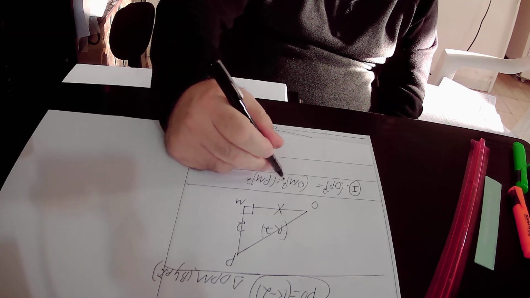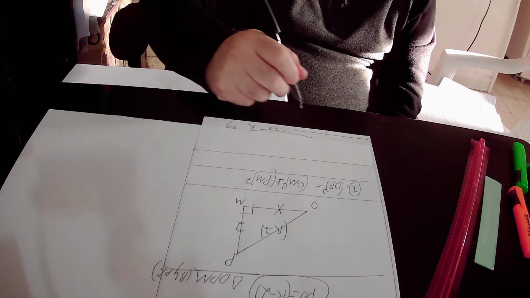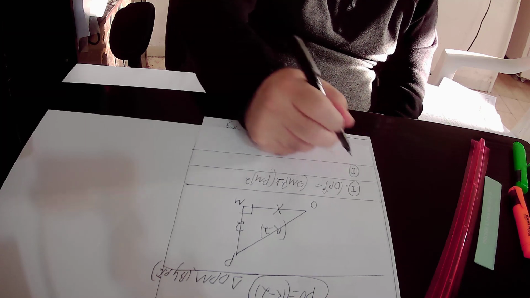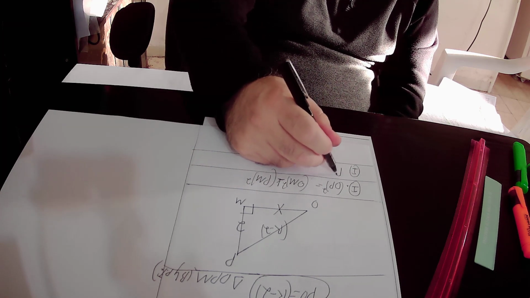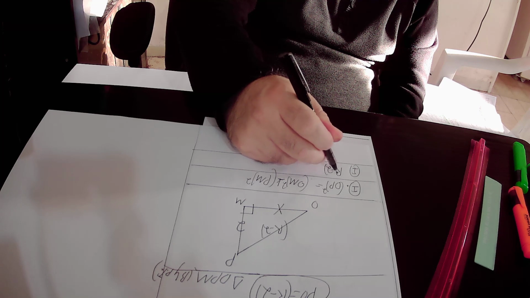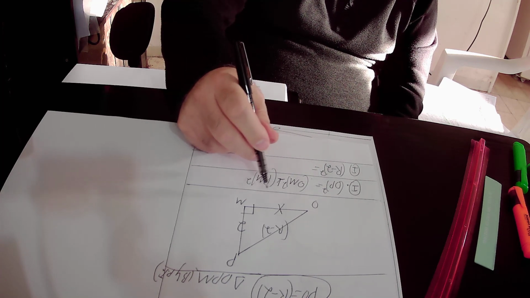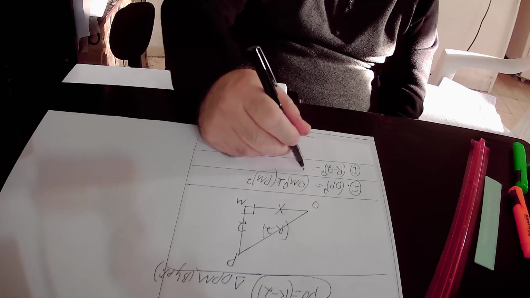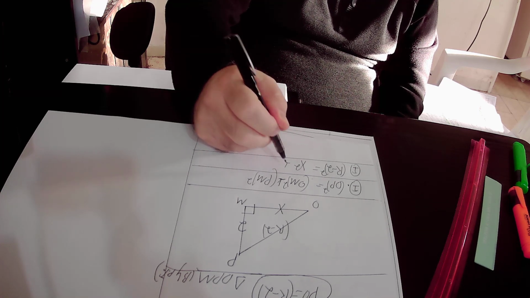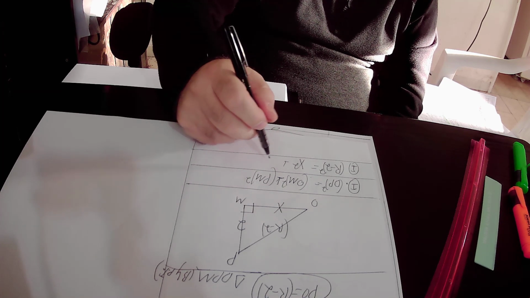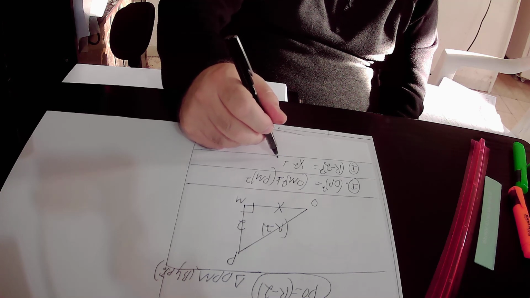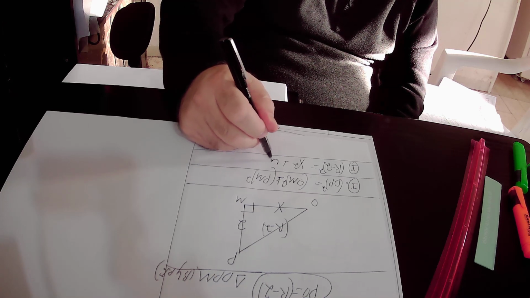So here OP equals capital R minus 2, therefore OP squared equals capital R minus 2 squared, and it is equal to OM squared. OM equals X, so OM squared equals X squared, plus PM squared. PM equals 2, therefore PM squared equals 2 squared, that is 4.